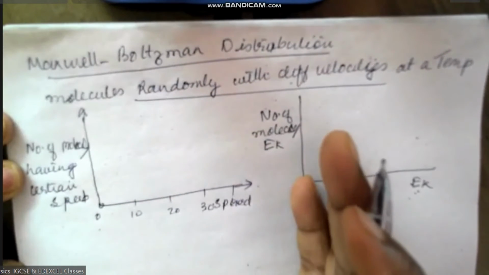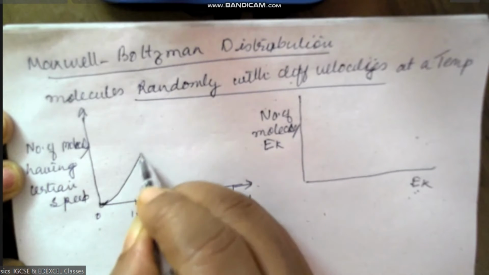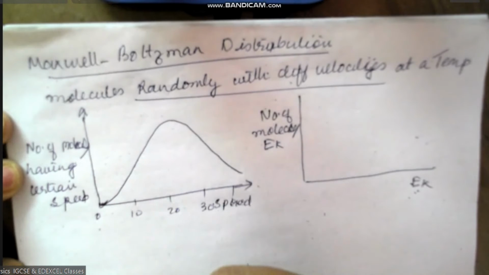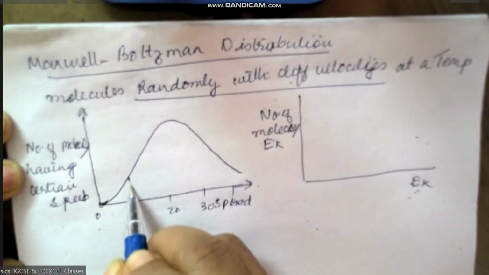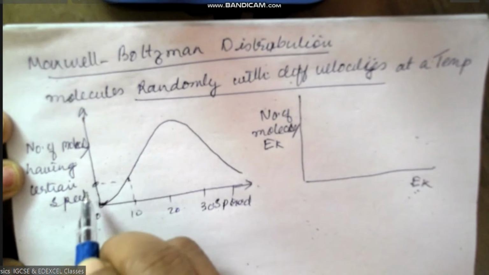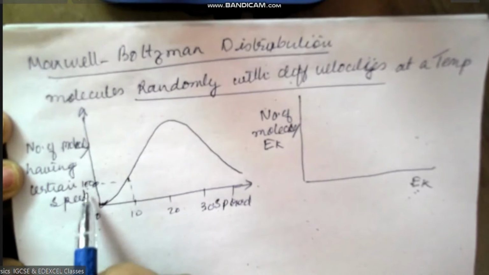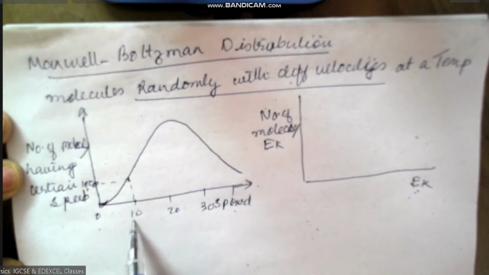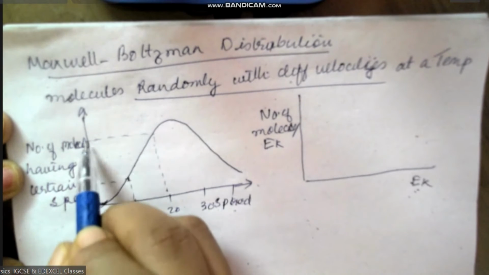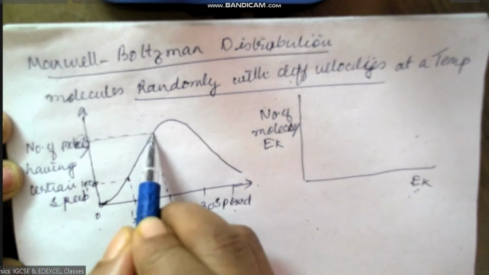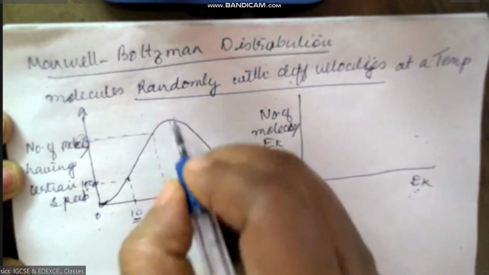What does that mean? Assume that the speed here is 0, here is 10, 20, 30, 40. These are not the correct values, just random values. At a particular temperature, assume that you will have a graph like this. What does this mean? For example, if this is 100, there are 100 molecules having speed 10.